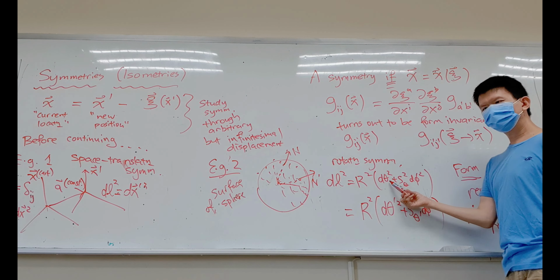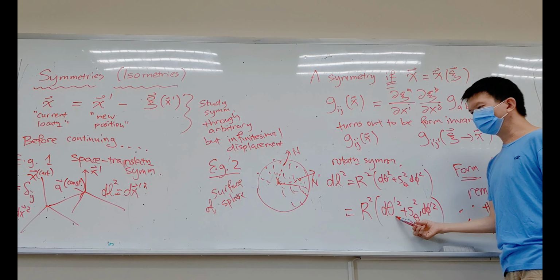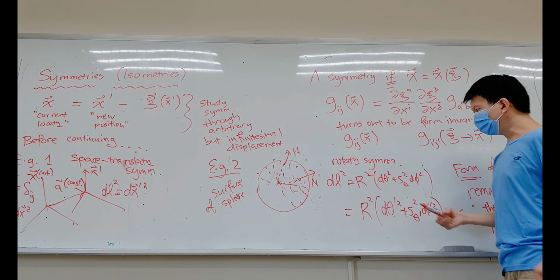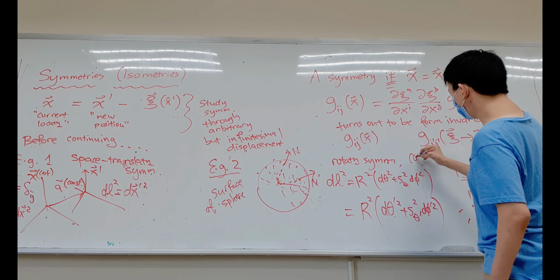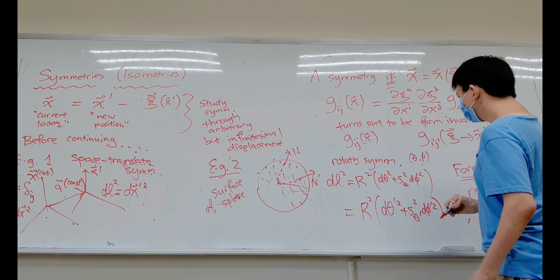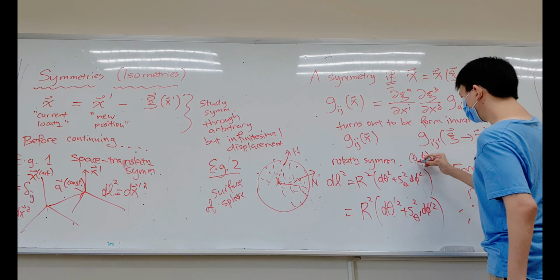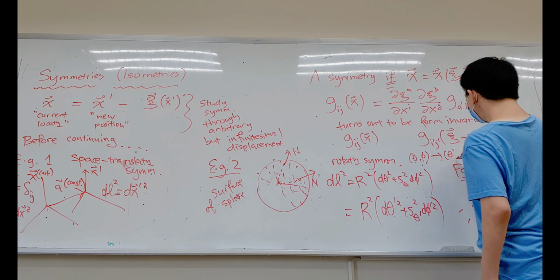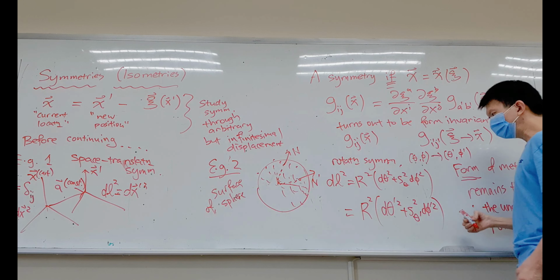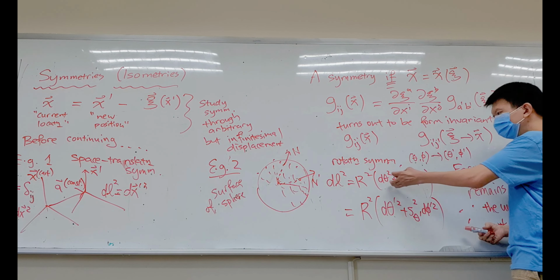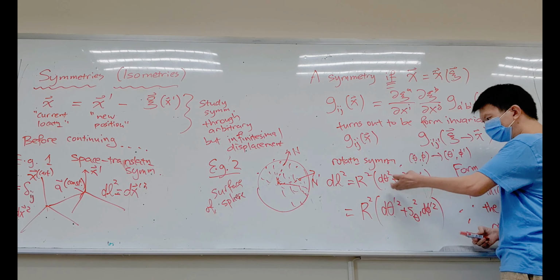I take theta, I don't have to put a prime, I can call it alpha if I want. But as long as I identify theta, phi with theta prime, phi prime, then you see I don't have to think. Immediately I can just write down term for term.